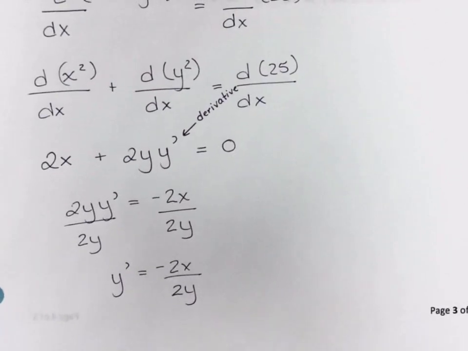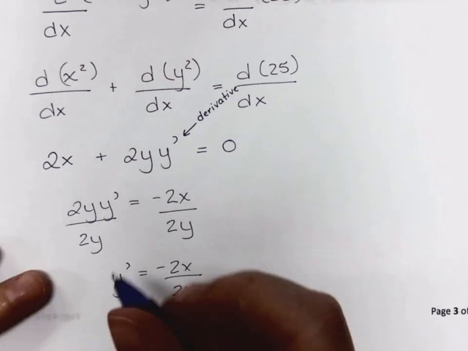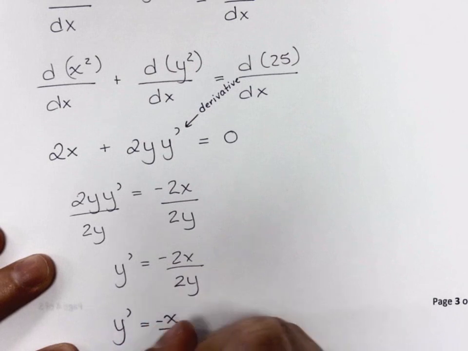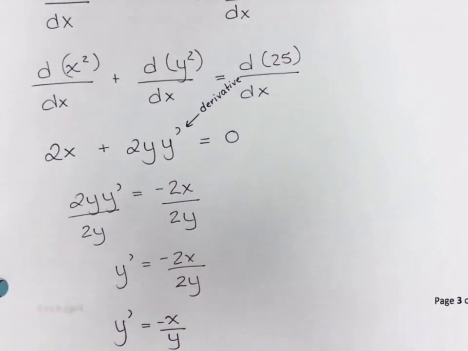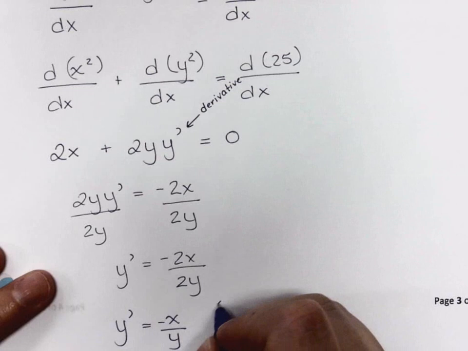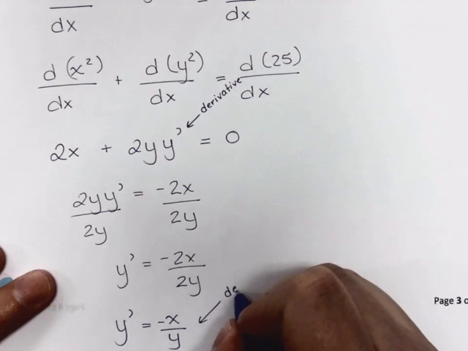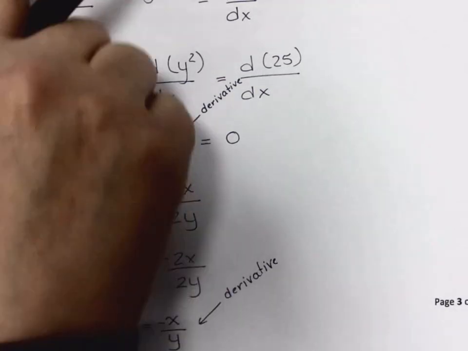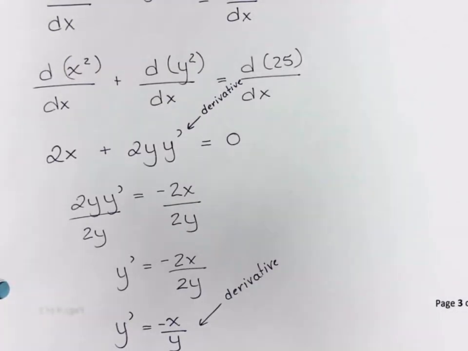And then you cancel the two, so you just end up with negative x over y, right? Nice and easy. So this is the derivative of that we ended up having to do the chain rule for, that ended up being really ugly, but if we do it the implicit way, it's going to simplify to this.